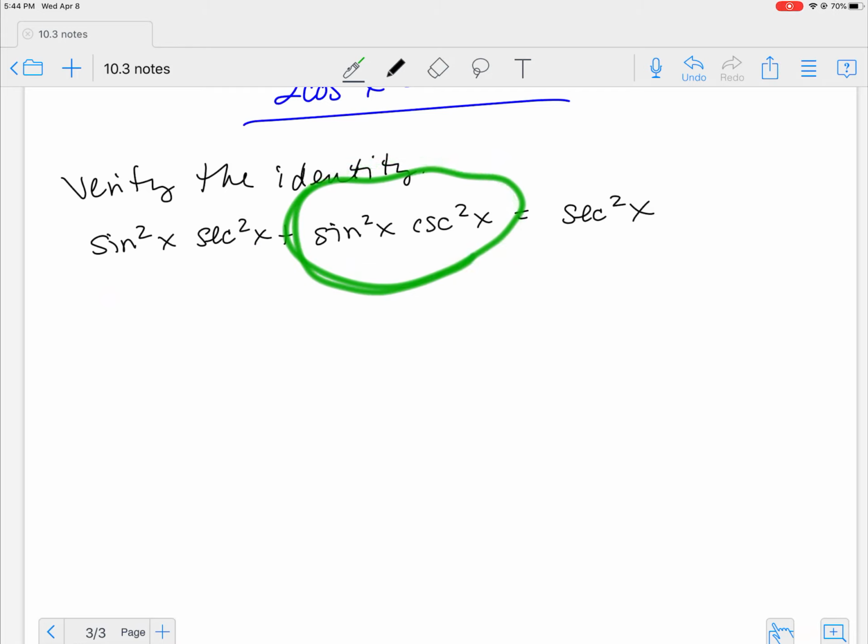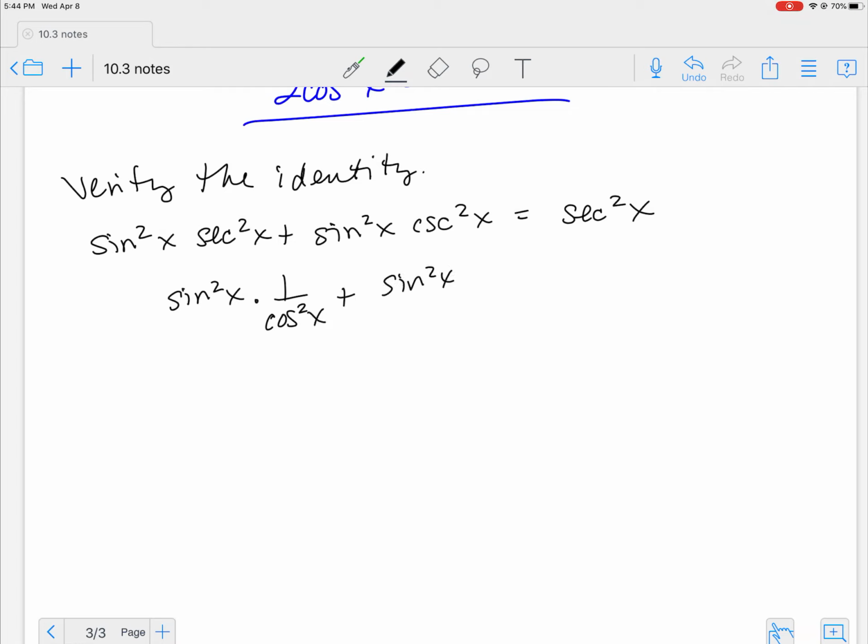Now, the first thing that I'm looking at here is those. This side's obviously crazier, but the first thing I'm looking at is those automatically cancel out. That's amazing. And this secant squared with this sine, I'm going to go ahead and make the conversion on this secant squared.